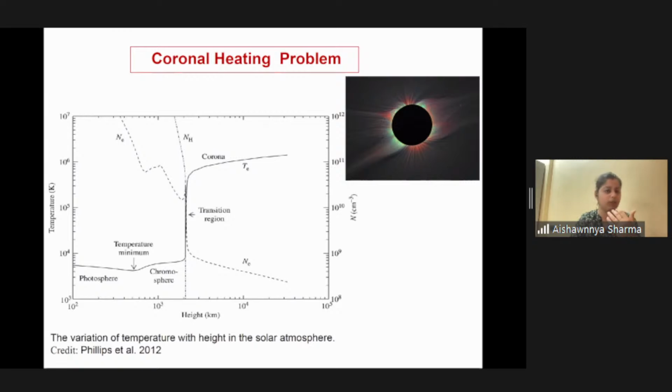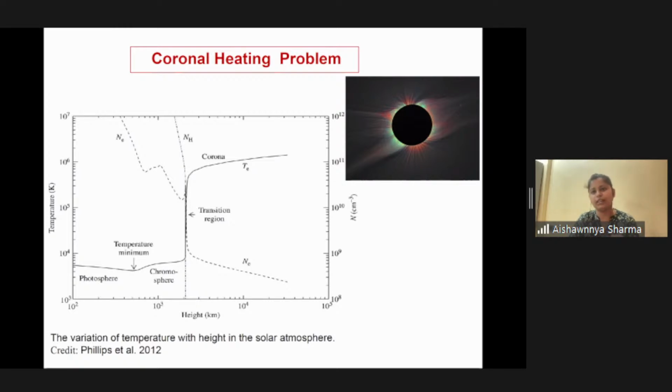Within a very thin region, the temperature suddenly increases from low to high with height. This is against the law of thermodynamics, because temperature should decrease with height. This is one of the unsolved problems in solar physics, known as the coronal heating problem.